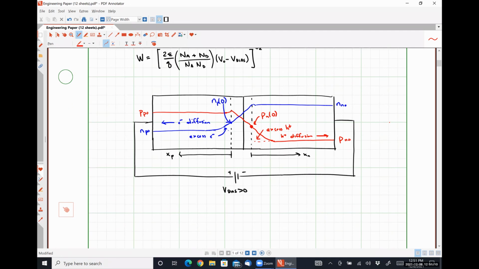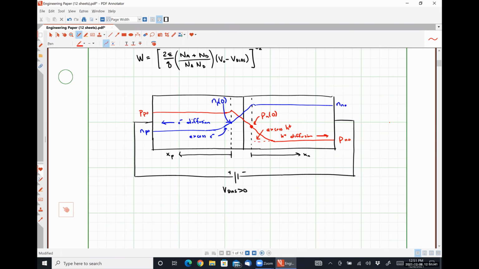Our minority carrier concentrations here, we should see, we have some initial amount of holes at the edge of the depletion region. And then as we move further and further into the N side, we should see that carrier concentration decays, because those excess holes see all of the majority carrier electrons, right?